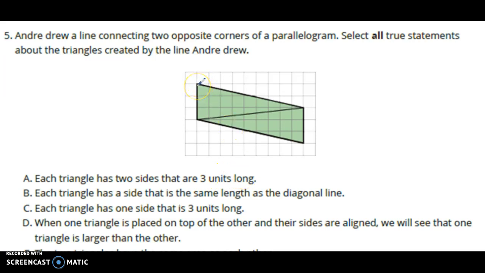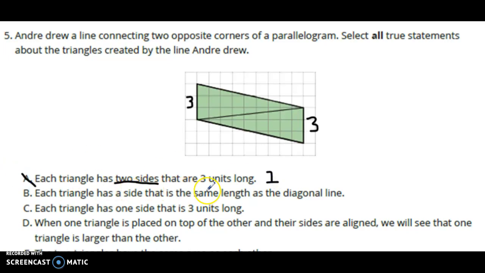So I'm looking at my triangles here. I see that this is 3 units long, so I'm going to go ahead and label it. And I see that this is 3 units long, but these sides are clearly more than 3 units long. So does each triangle have 2 sides that are 3 units? No, they only have 1 side that's 3 units long. So we are going to cross out A.